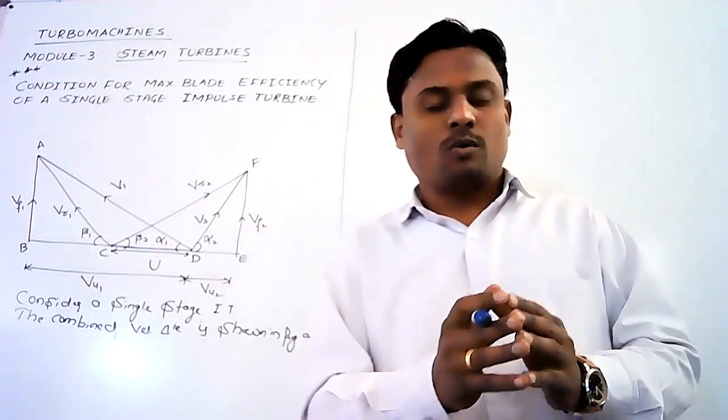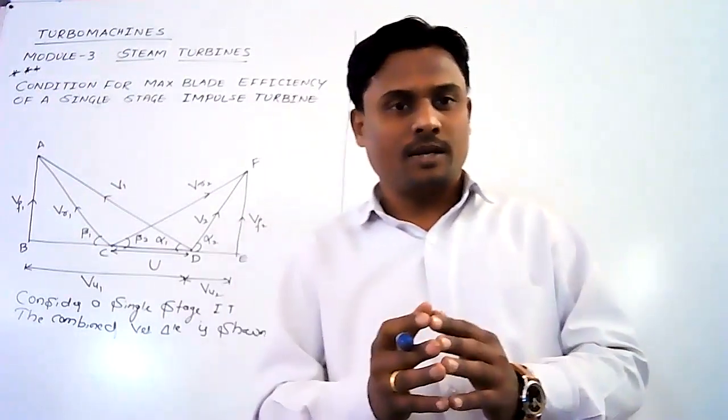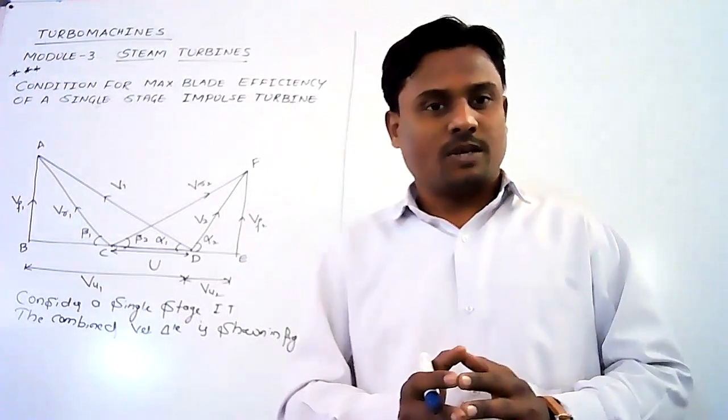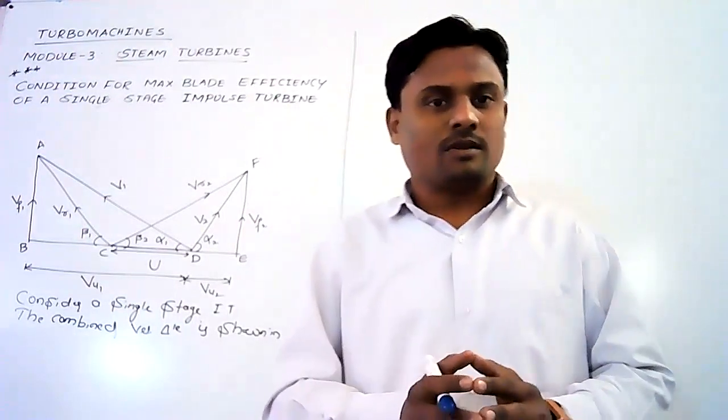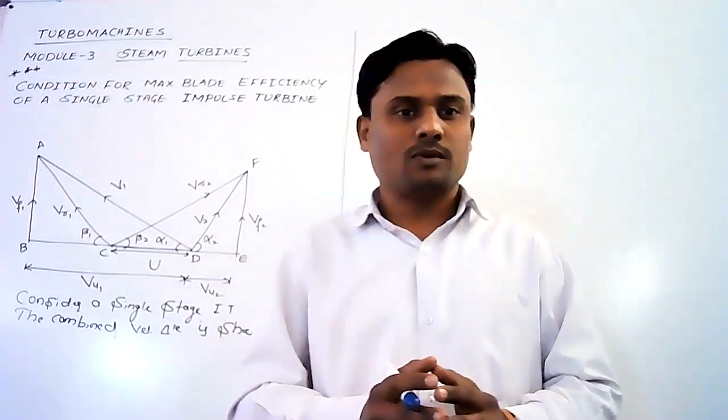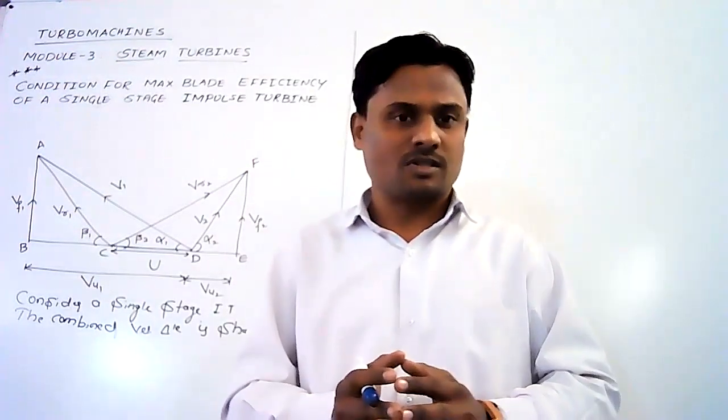So both we will derive separately, and after that we'll substitute in the blade efficiency equation to derive the condition for maximum blade efficiency. So this will be more clear if you derive this equation systematically.